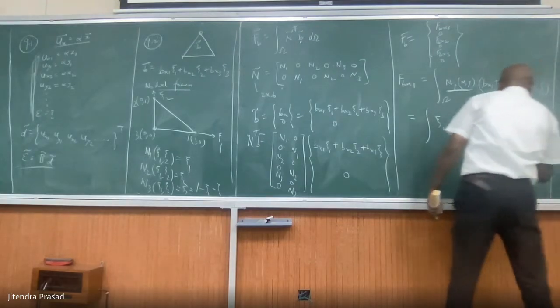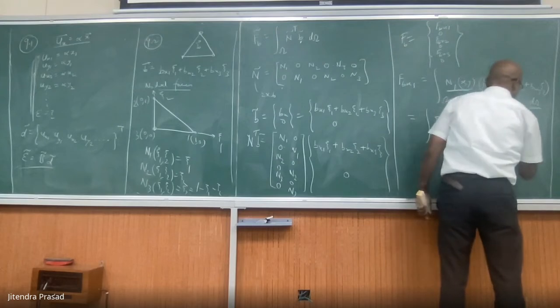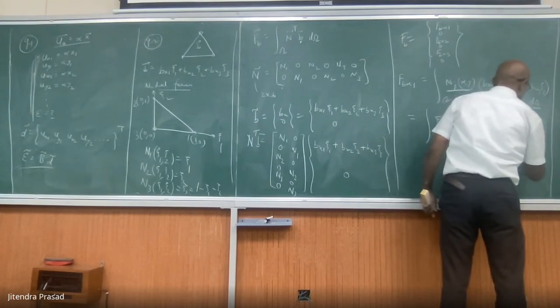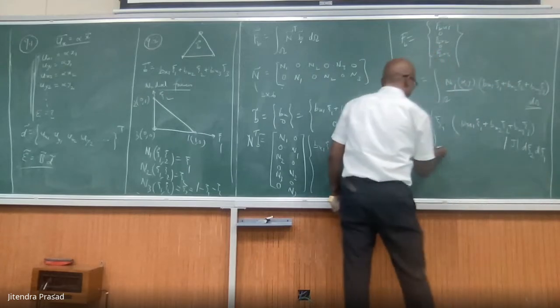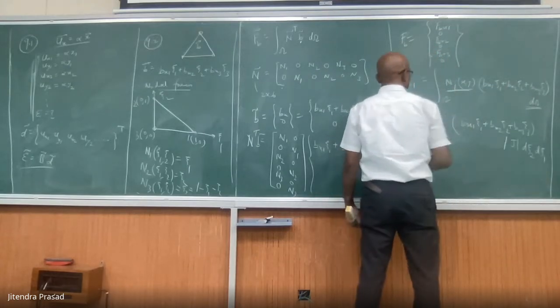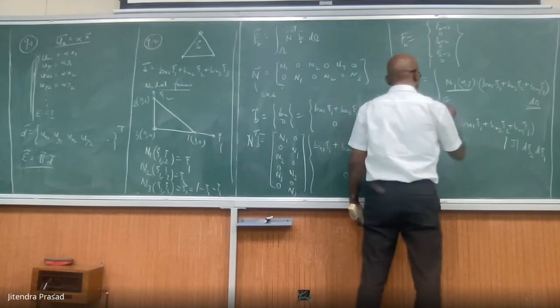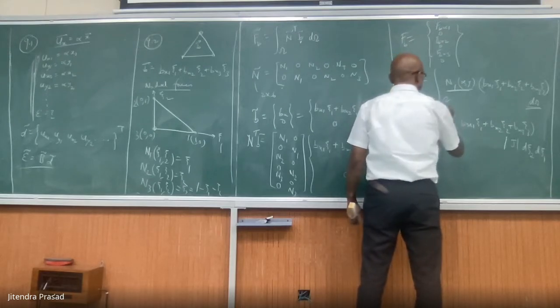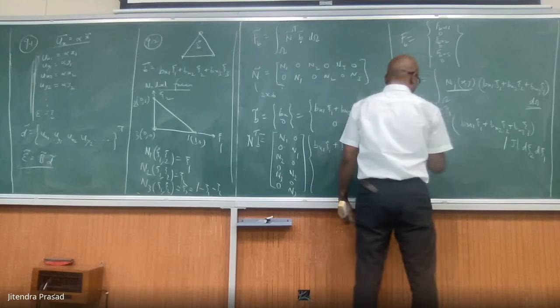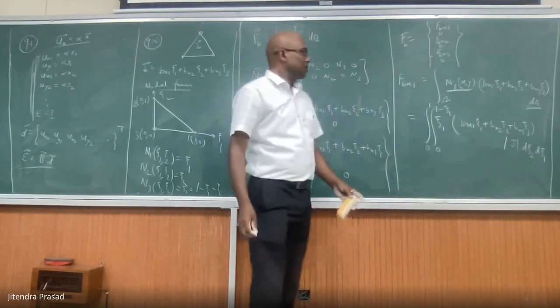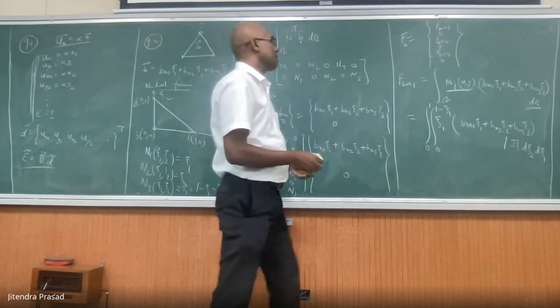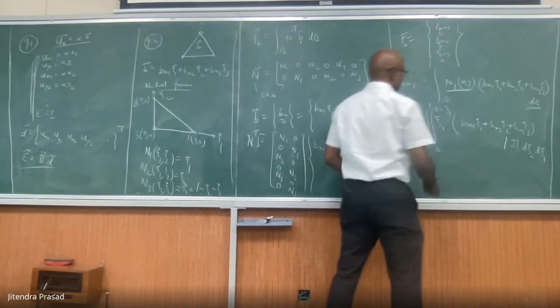So you have J here, and then you have d xi2 d xi1, and you have 0 to 1 minus xi1, 0 to 1. Right? And you work on it, you can find out what the value is.